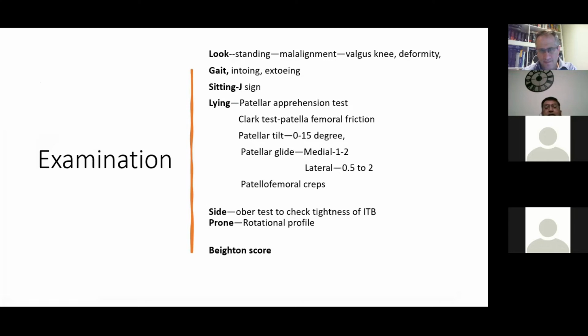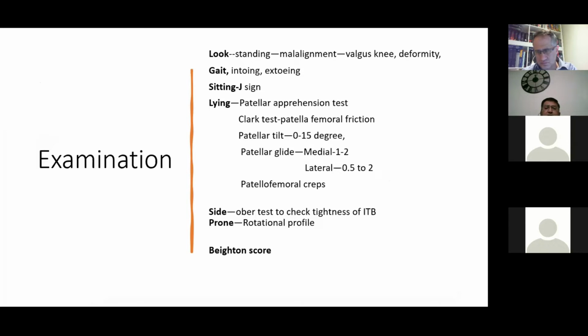Regarding the examination of the knee, this is my system of examining the knee. Everybody will have his own system, but there are some important points which we have to look at. First of all, the inspection from front, from side, from back. In the inspection, we'll look for any malalignment, deformity, or asymmetry, especially the valgus knee and the rotation of the lower limb.